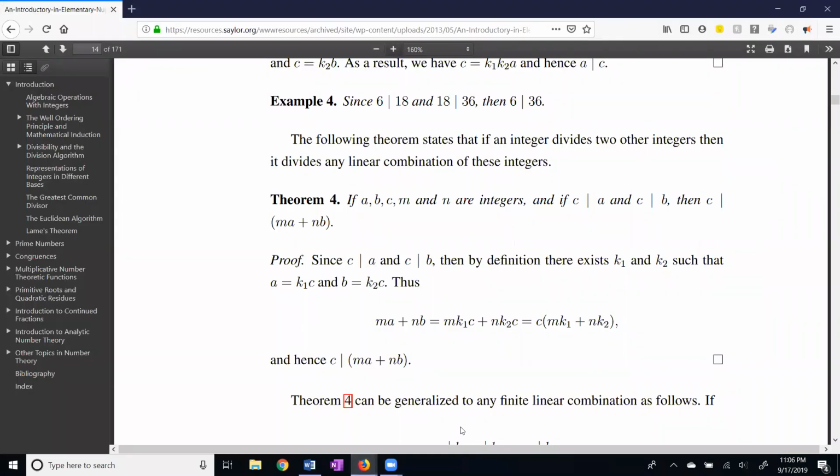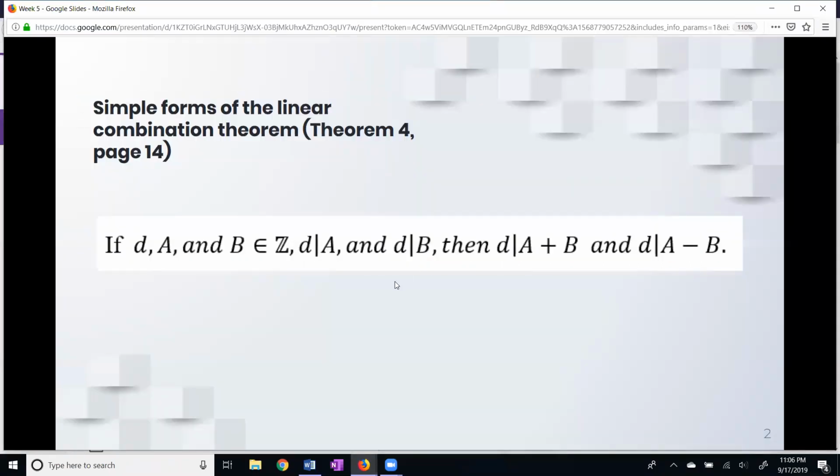Theorem 4 is our linear combination theorem. It says that if C divides A and C also divides B, then C divides any linear combination of A and B. A simple form of this is as follows.